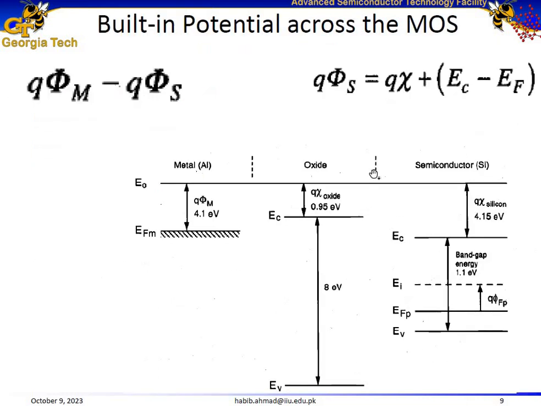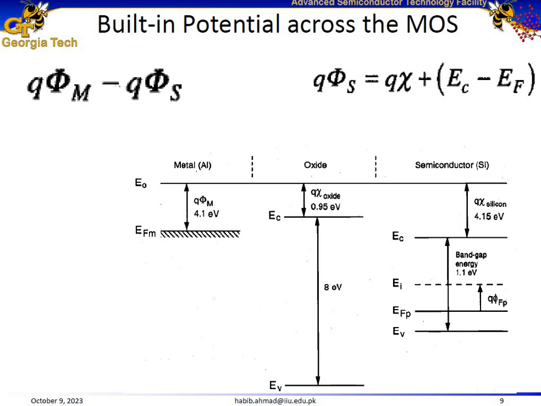As we discussed, a p-n junction diode has a certain built-in potential, resulting in a barrier for the flow of carriers from one side of the junction to the other.